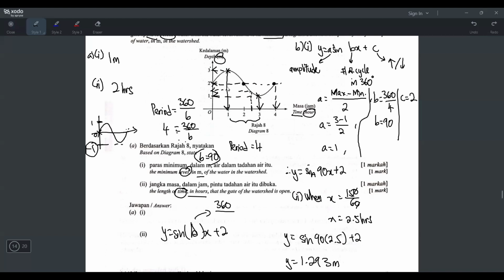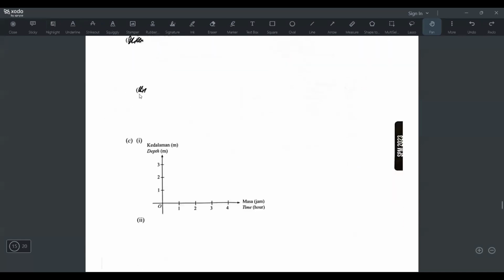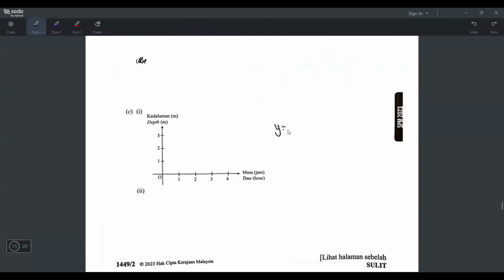So by using this formula, 2 equals 360 divided by b. And to find b, I have to swap places. So b equals 360 divided by 2, which is 180. It means your new equation is sine 180x plus 2. Okay, so I'll go back to the graph here and sketch sine 180x plus 2.